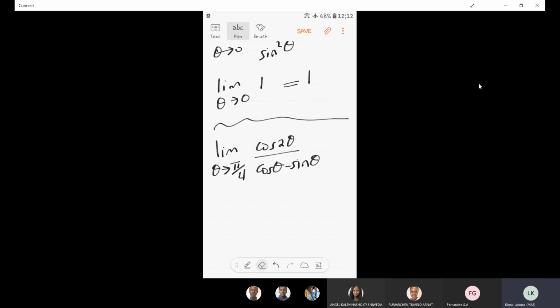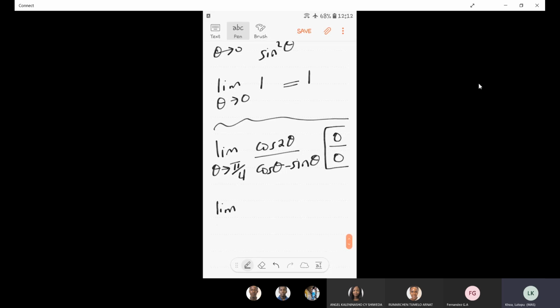Cos of pi over 2 is 0. I have 0 in the numerator. And then in the denominator, cos of pi over 4 is square root of 2 over 2. And then sine of pi over 4 is also square root of 2 over 2. And then when I subtract those, I get 0. So this is of the form 0 over 0. So I cannot substitute it. And what I do is I rewrite this.